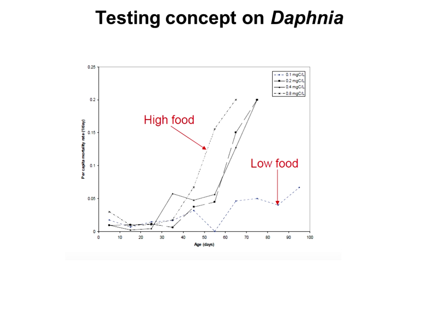The x-axis here represents age in days, and the y-axis is the per capita mortality rate of an organism, that is the hazard rate. And the end result is that the higher the food density, the higher the per capita mortality rate.